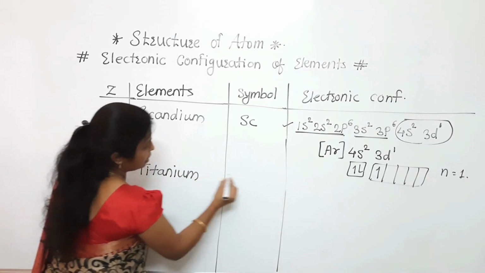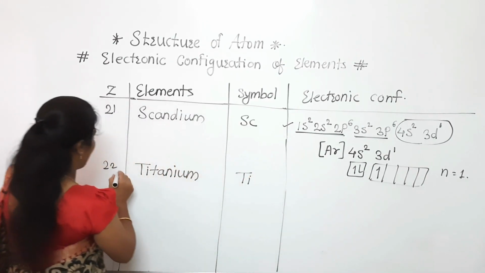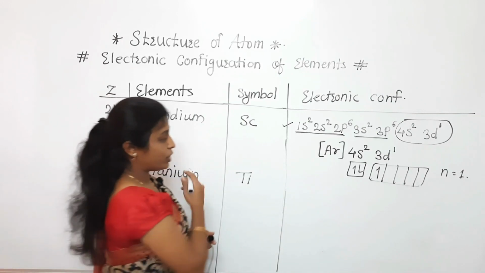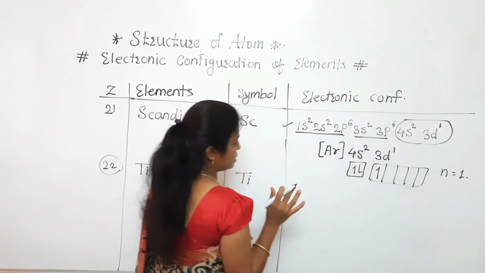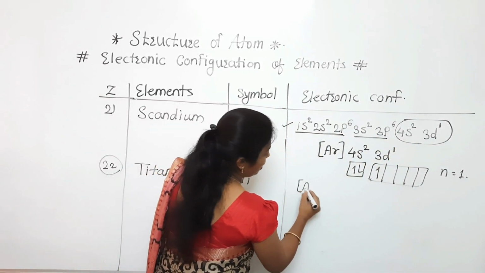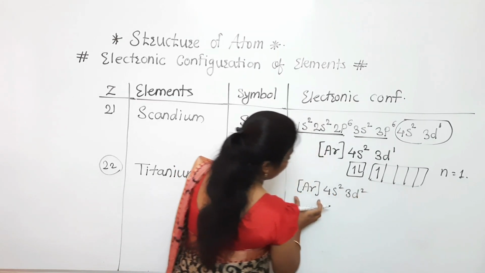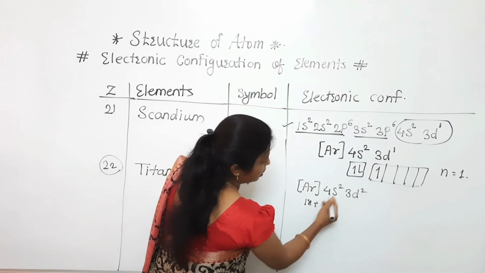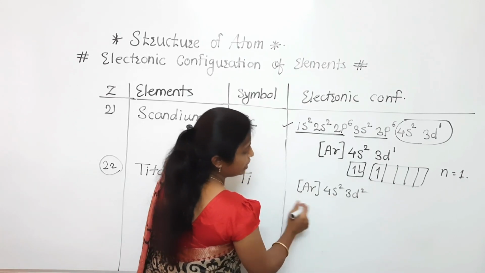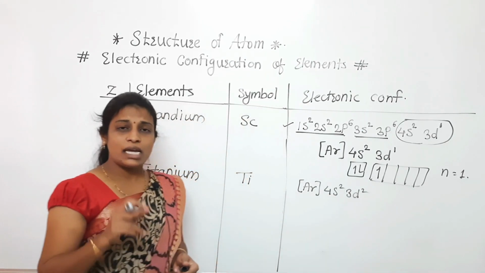So for titanium the symbol is Ti. Its atomic number is 22. So there is no need to write all these electronic configurations. Here we can write argon 4s2 3d2, because argon 18 plus 2 gives 20, and the remaining 2 will enter the d orbital.